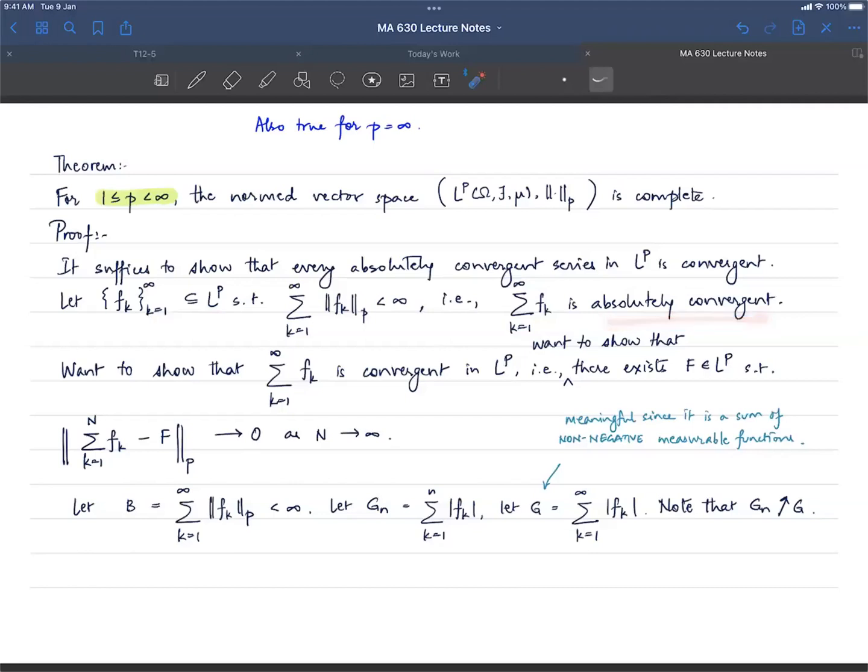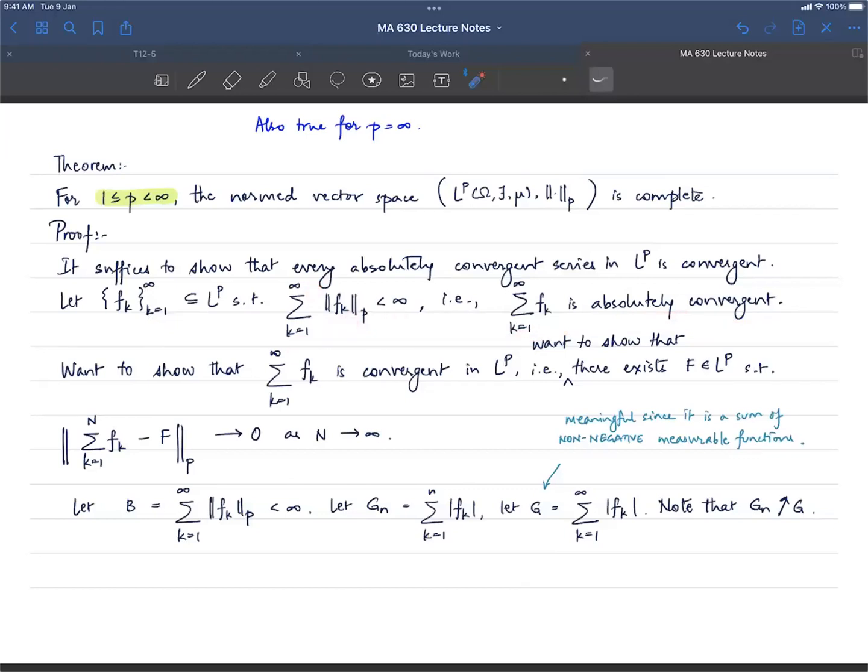What does that mean? That means that the sum k going from 1 to infinity of norm fk is finite.